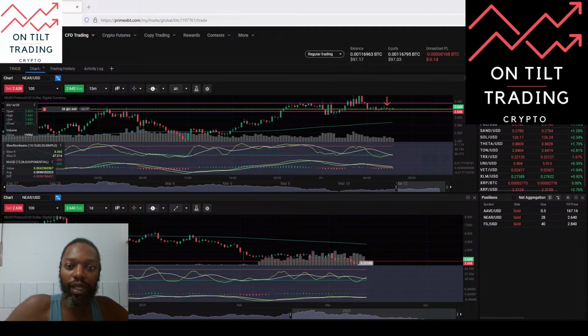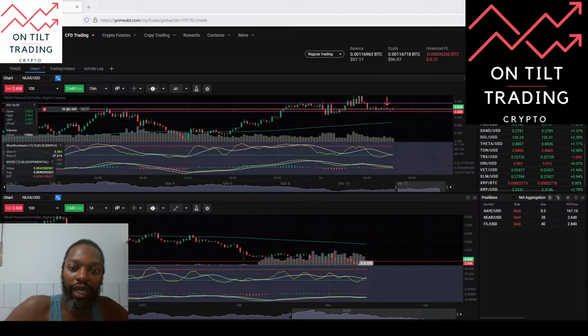And then what got my attention looking at Near Protocol was this volume profile here, while it was in an oversold area here.